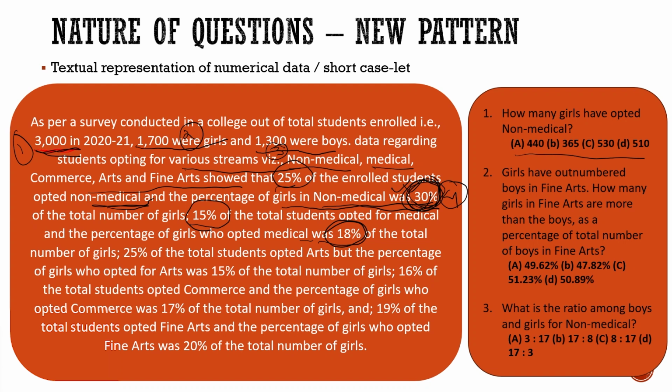Okay, so the question pattern will be like this. It will be given in a short caselet or in a story format in more informal sense, right? And it will be followed by 3-4 questions. So since 10% weightage is there for quantitative techniques, you'll get maximum 2 or 3 paragraphs, and each paragraph will be followed by 3 to 5 questions.